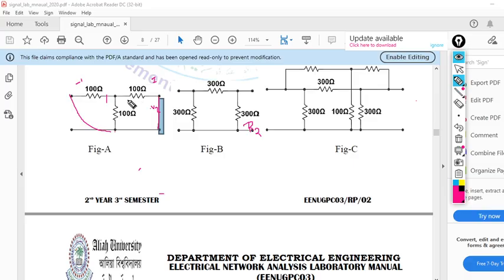Similarly, here we reduce this supply, the I2 is here, so we can measure voltage here, suppose V3, and by this one we can get I2, and here we can measure V4, so V4 by this resistance we can get I1. So what we are getting is V2, I2, I1 again.